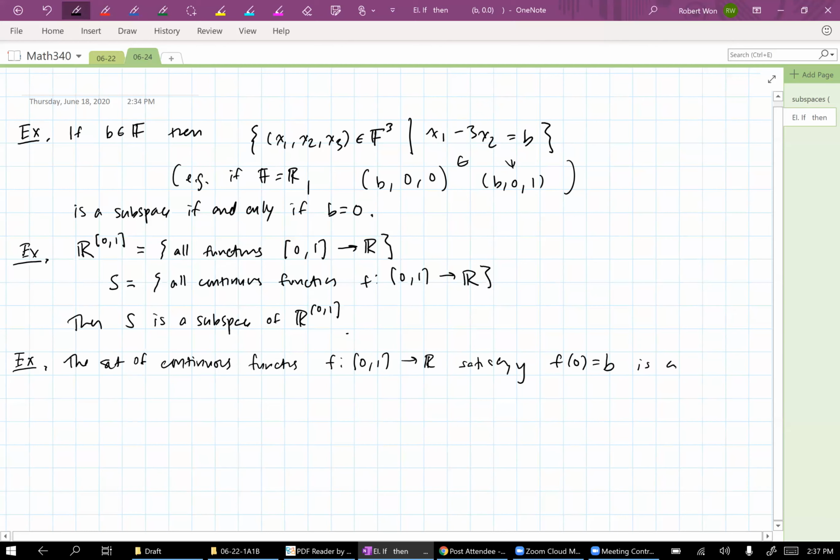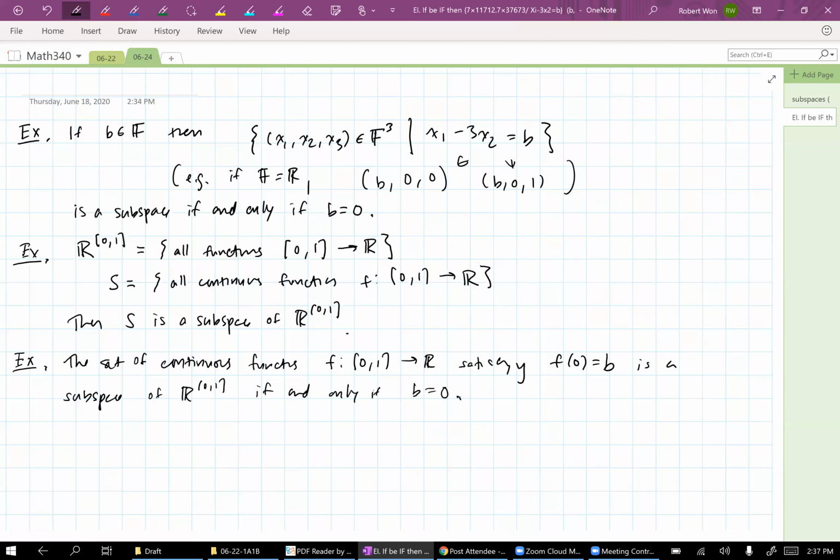This is a subspace of R^[0,1] if and only if b equals 0. Again, this is clearly a necessary condition because the 0 vector in this vector space is the function that's uniformly 0. So certainly that has the property that f(0) equals 0. So if this is to be a subspace, you're going to need to have b equals 0, but then you can prove that if b is 0, then it is a subspace. And if it is a subspace, then b equals 0. Therefore, it's an if and only if.